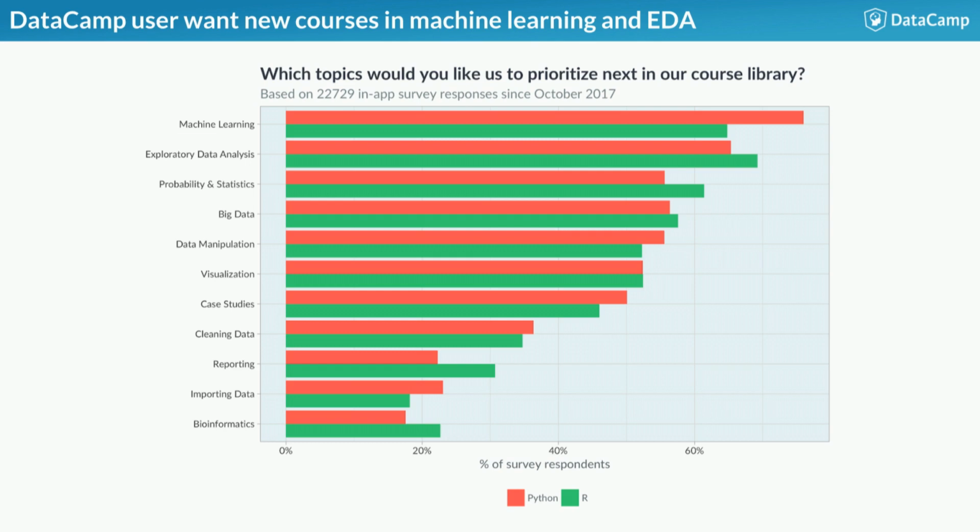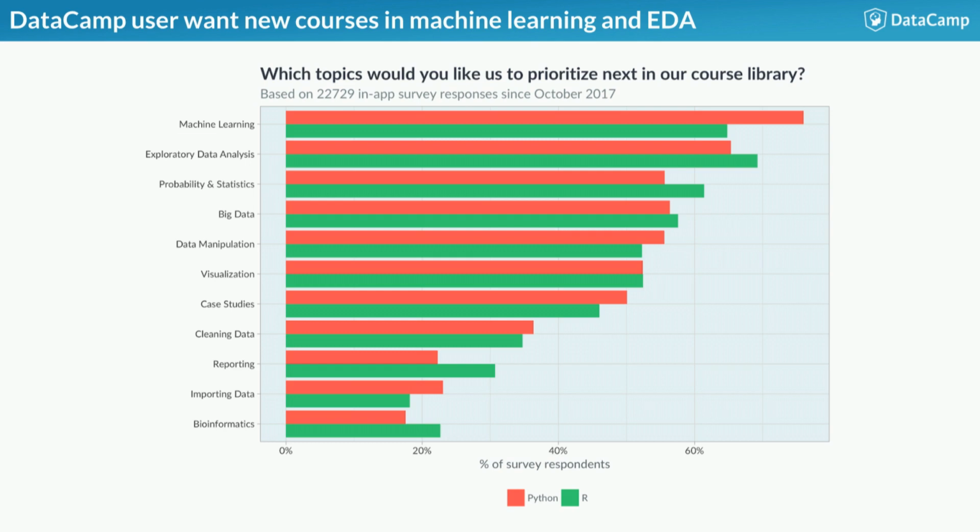We constantly survey our users on what they want to learn next. This is based on over 22,000 survey responses. As you can see here, the number one thing our students request is machine learning. Don't get confused by the colors. Red here indicates Python users, and green is R users.